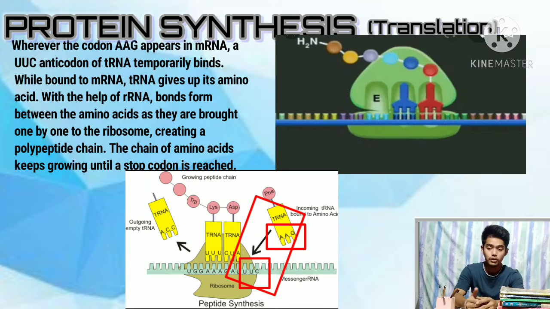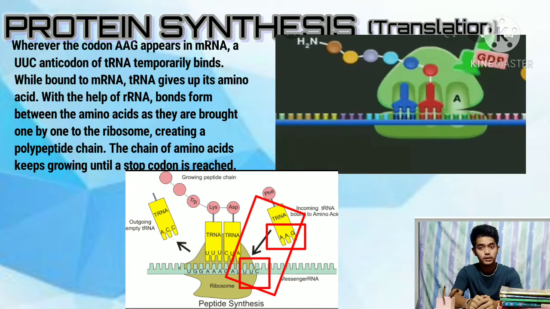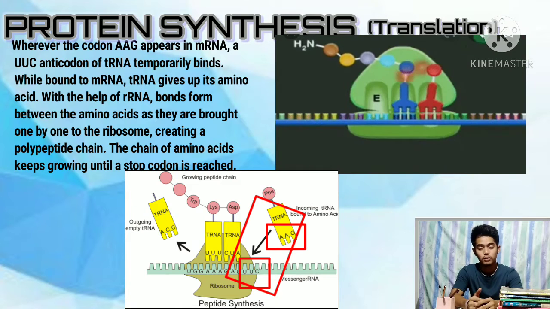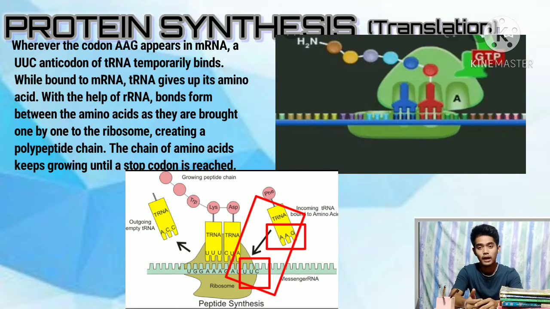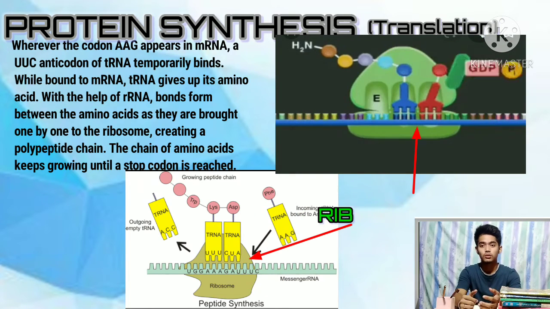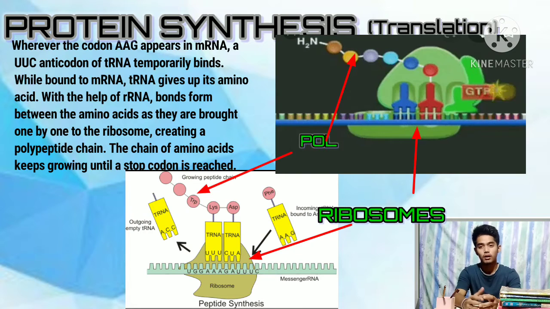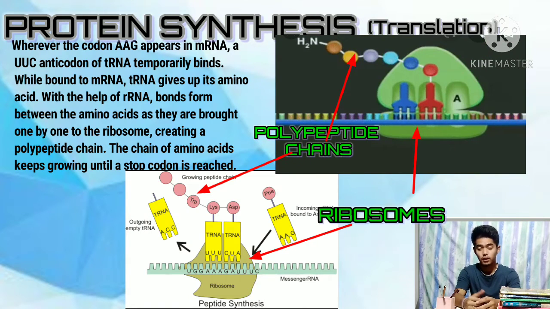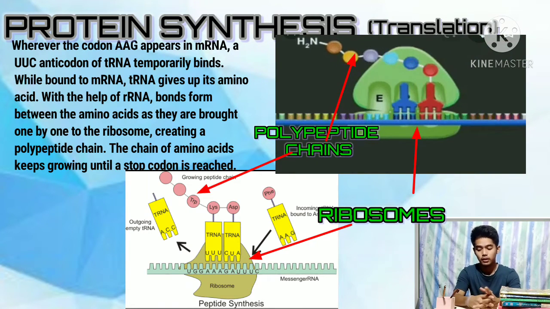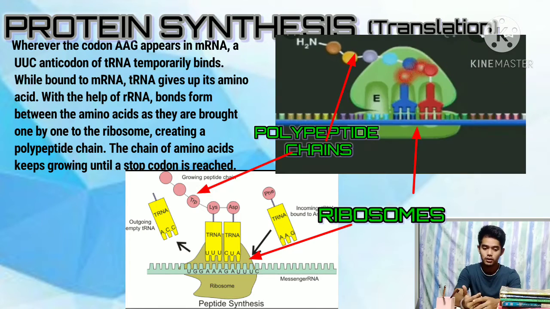While bound to mRNA, tRNA gives up its amino acid with the help of rRNA. Bonds form between the amino acids as they are brought one by one to the ribosomes, creating a polypeptide chain. The chain of amino acids keeps growing until a stop codon is reached, which is a stop signal.